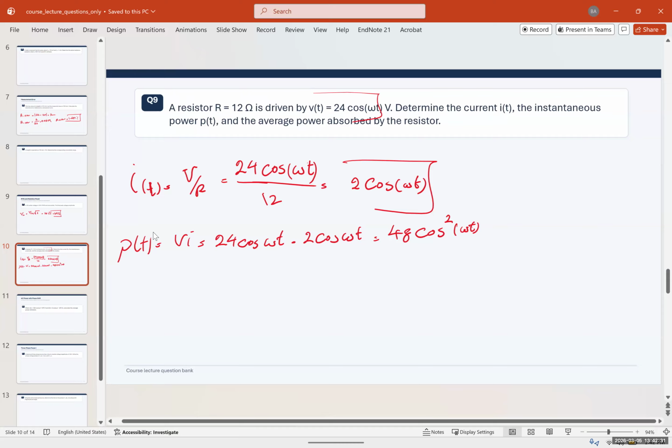We can find the average power in different ways. We can do derivation, we can do an integral. There are a couple of ways to solve it. The easiest way is to use the identity: cosine squared of omega t is equal to 1 plus cosine of 2 omega t, divided by 2.